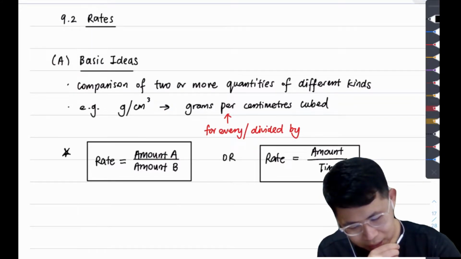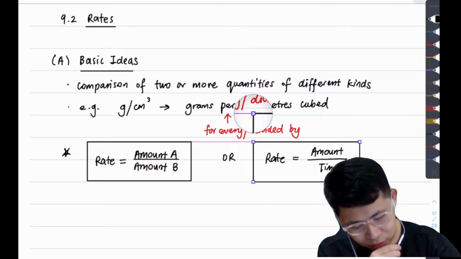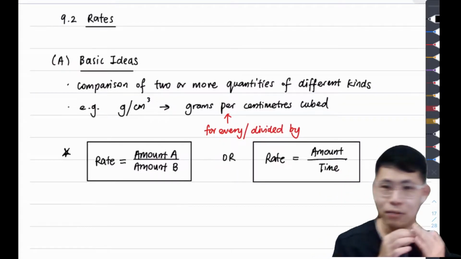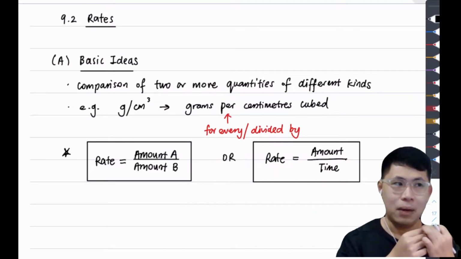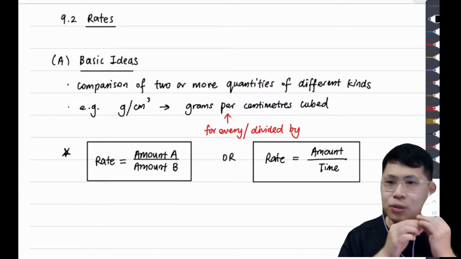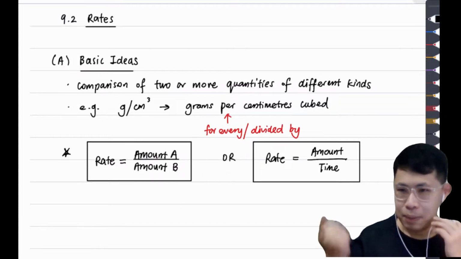So we have two important formulas for rate: amount A over amount B, or any generic amount over time. These are our basic ideas about rates.